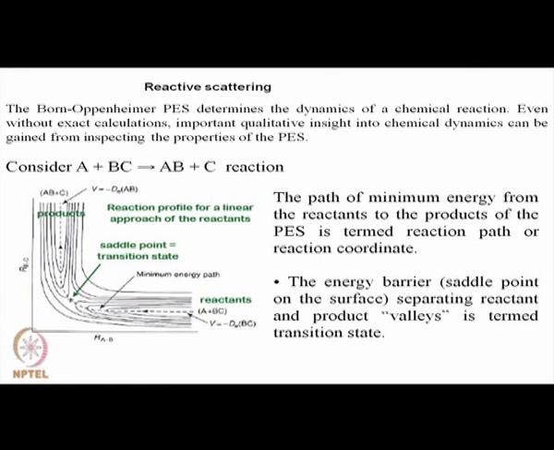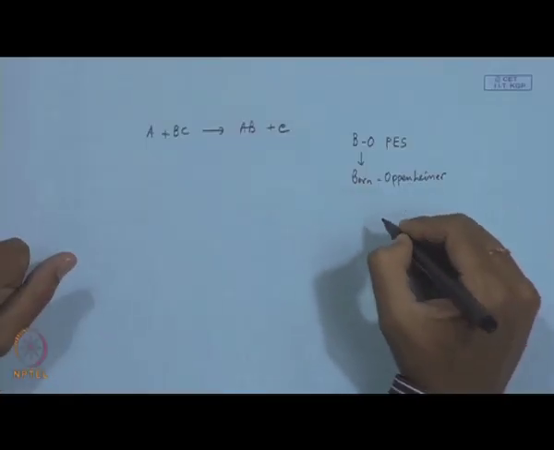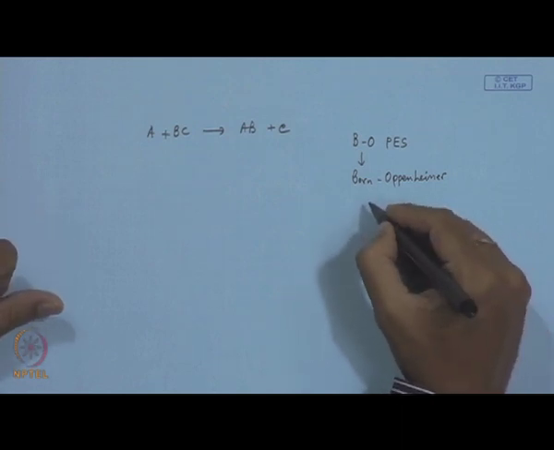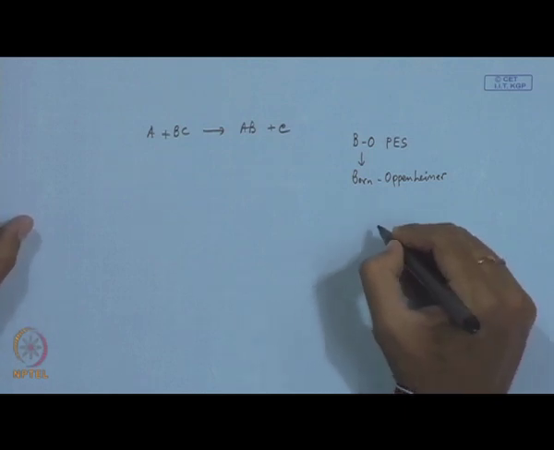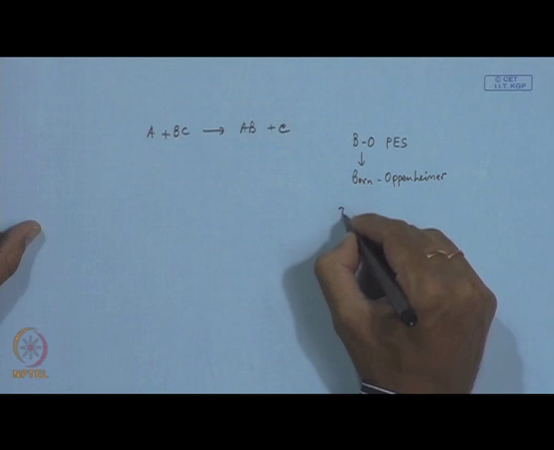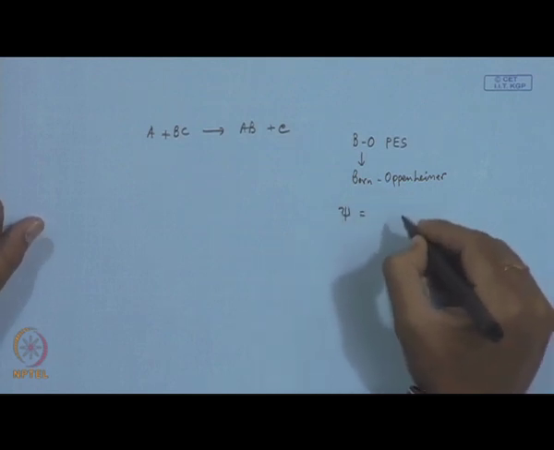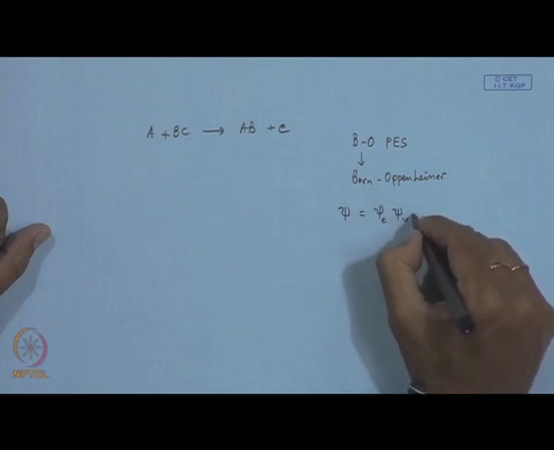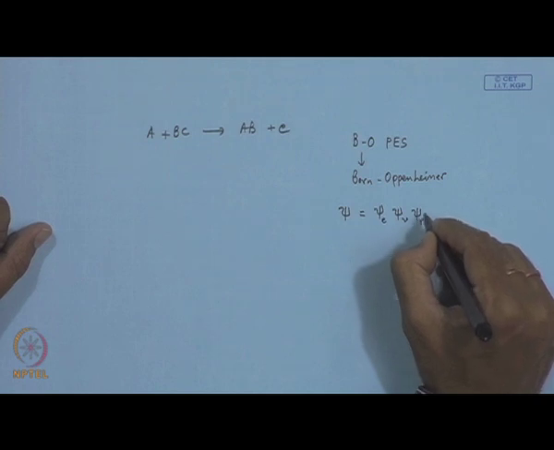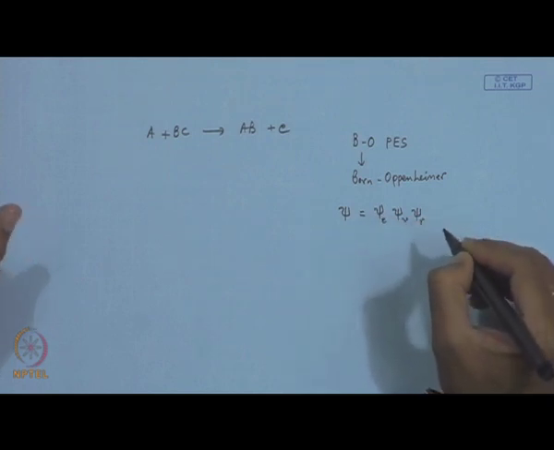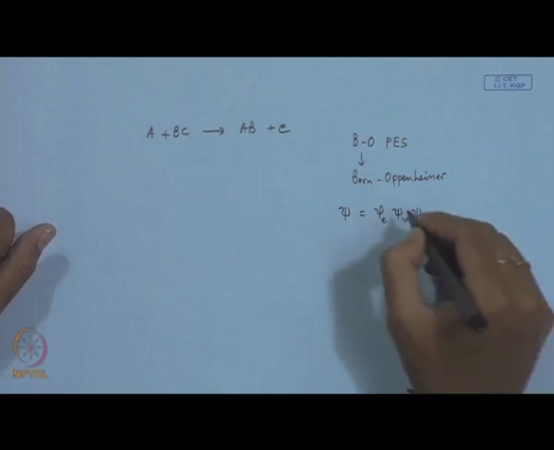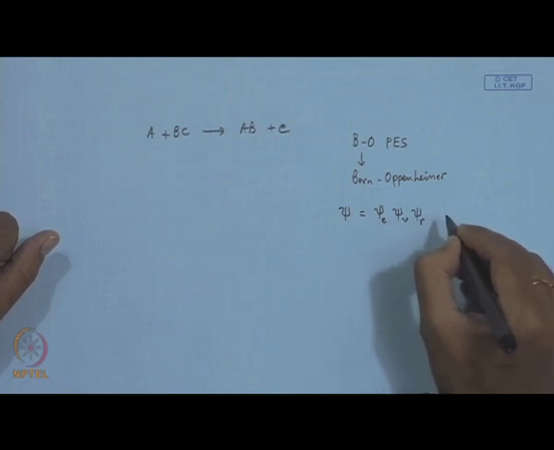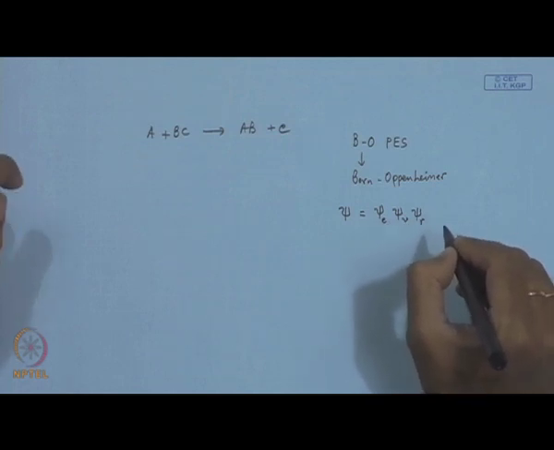So basically, electronic, vibrational, and rotational motions are widely separated in time scale. Therefore, the total wave function psi can be written as the product of individual contributions: psi electronic, psi vibration, psi rotation. You can write it this way, and maybe you can include the nuclear part as well.